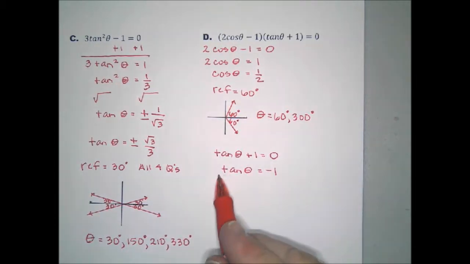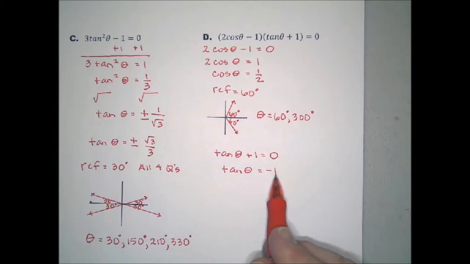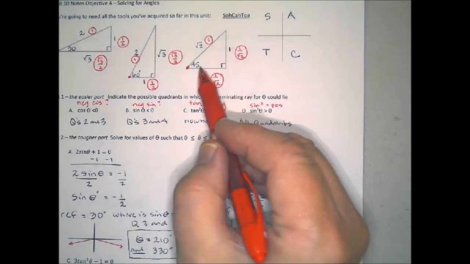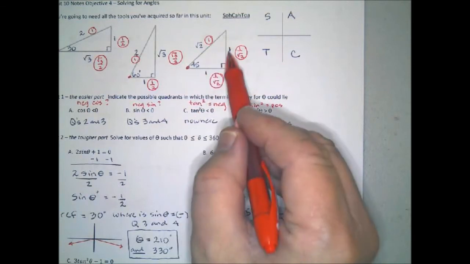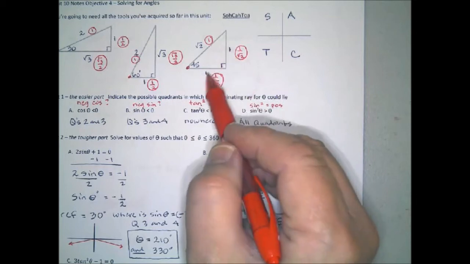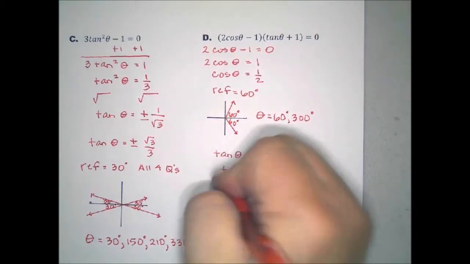I don't have a leading coefficient to divide by, so now all I have to do is worry about which of our special right triangles has a tangent value of 1. One more look right there. Tangent is opposite over adjacent, and here it is, the 45-degree angle. Opposite is 1, adjacent is 1, so 1 over 1 is 1. So my reference angle is a 45-degree reference angle.